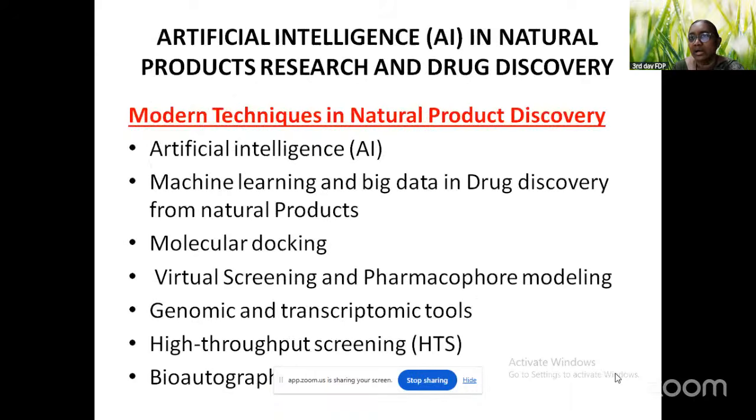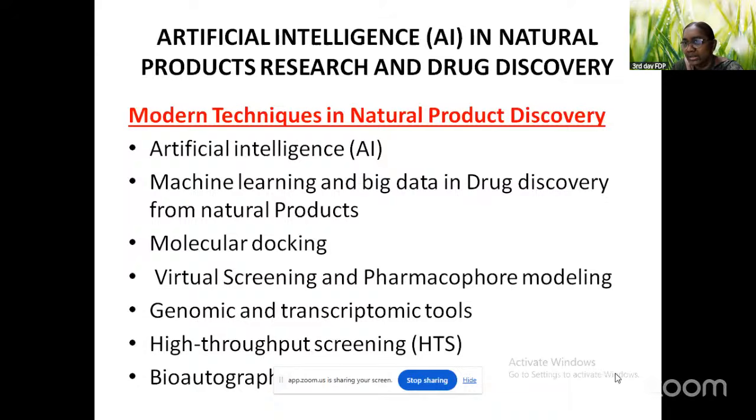So coming to the artificial intelligence in the natural product drug discovery, the various techniques being used in the drug discovery from the natural products are artificial intelligence, machine learning, and big data from the natural products, molecular docking, virtual screening and pharmacophore modeling, genomic and transcriptomic tools, high throughput screening, and bioautography.